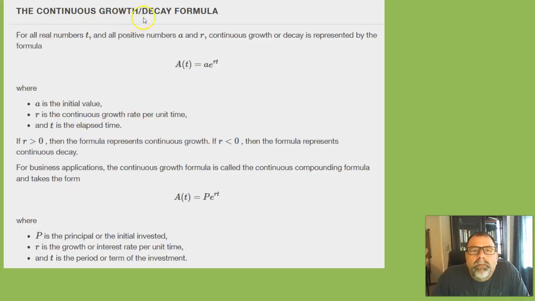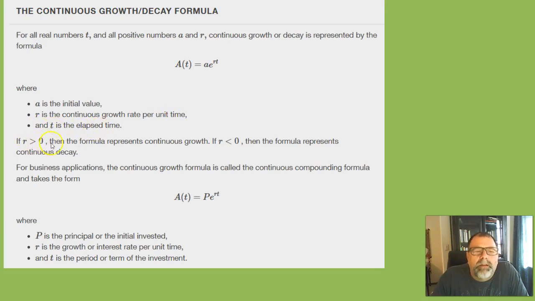The continuous growth and decay formula: for all real numbers t and all positive numbers a and r, continuous growth or decay is represented by the formula A of t equals a times e to the power rt, where a is the initial value, r is the continuous growth rate per unit time, and t is the elapsed time.